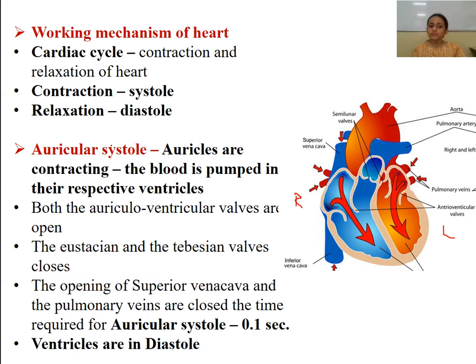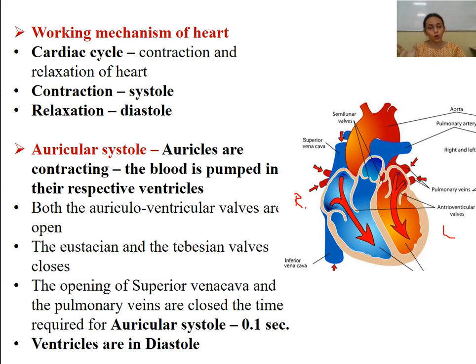Now, when the auricles are in systole, of course the ventricles will be in diastole, in a relaxed manner. So, this auricular systole takes place in 0.1 second. That means in just a matter of 0.1 second, the auriculoventricular valve of both the sides open and all the other valves, that is the eustachian valve, the tibial valve, superior vena cava and then the pulmonary vein, everything closes.